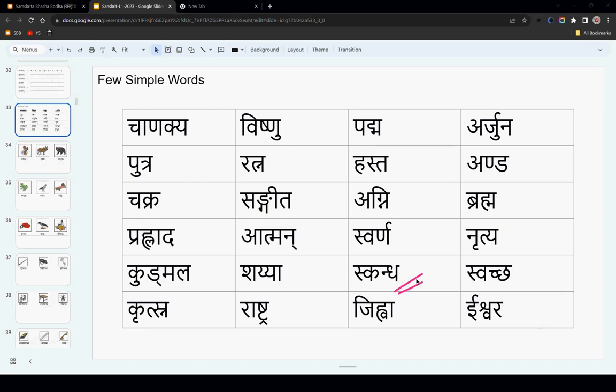Skandha is shoulder. Padma is lotus, Ratna is a diamond. Kritsna is totality, total, together. Rashtra, the country. Jihva, tongue. Arjuna means silver.